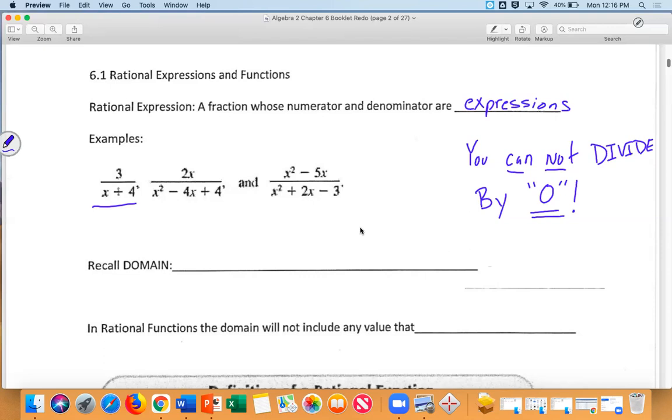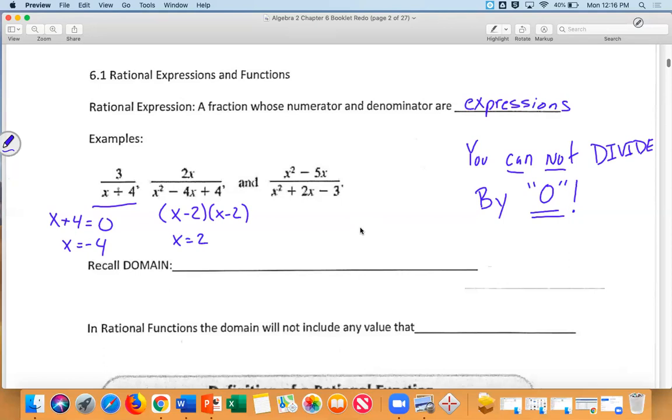Remember chapter 5, 6? We were setting these things equal to 0. We're doing that, and then we were talking about factoring. What are the factors of 4 that add up to -4? x minus 2 times x minus 2, and we set those equal to 0, and we get 2.